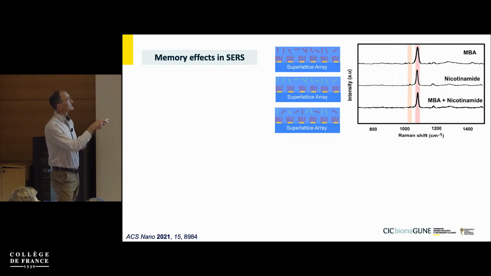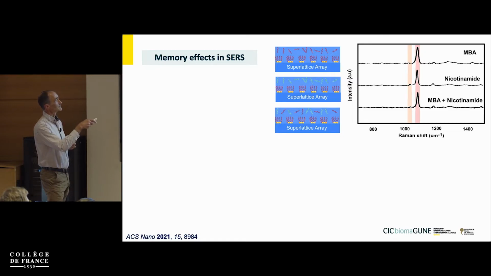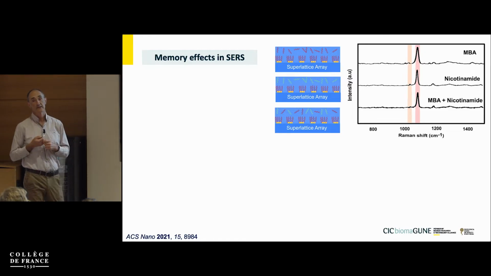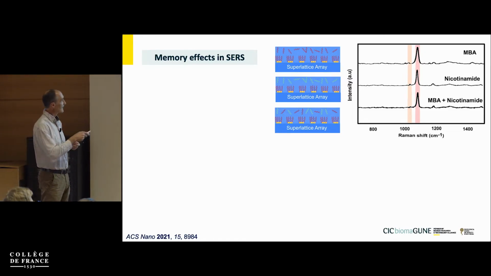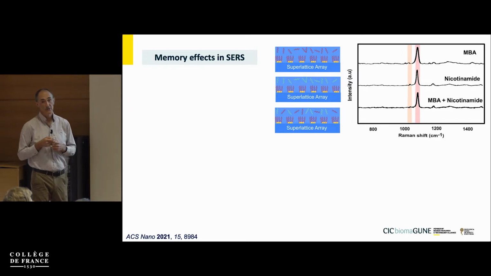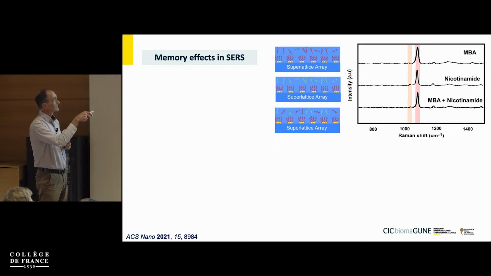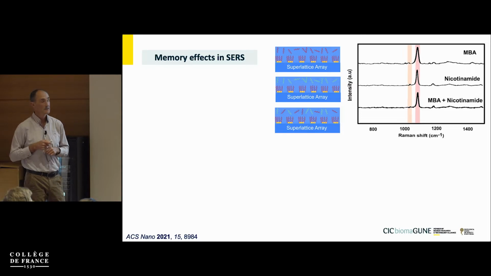So the idea is, if you have simply your gold nanoparticle superlattice, and you're incubating it with one analyte like mercaptobenzoic acid, mercaptobenzoic acid will quickly bind to the gold particles through the thiol group, and will show this very well-defined peak that is characteristic of the vibrations.